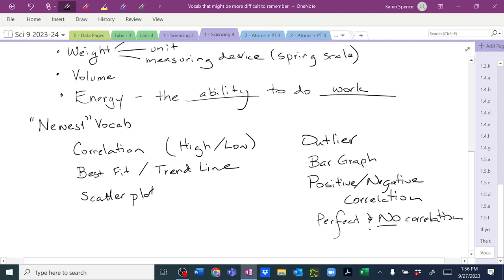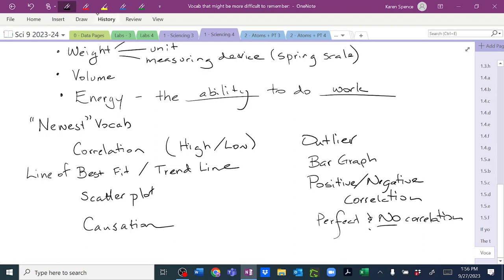Yes. Causation. Beautiful. Yes. Line of best fit. Or the best fit line. Yep. Those sound pretty good. Okay.